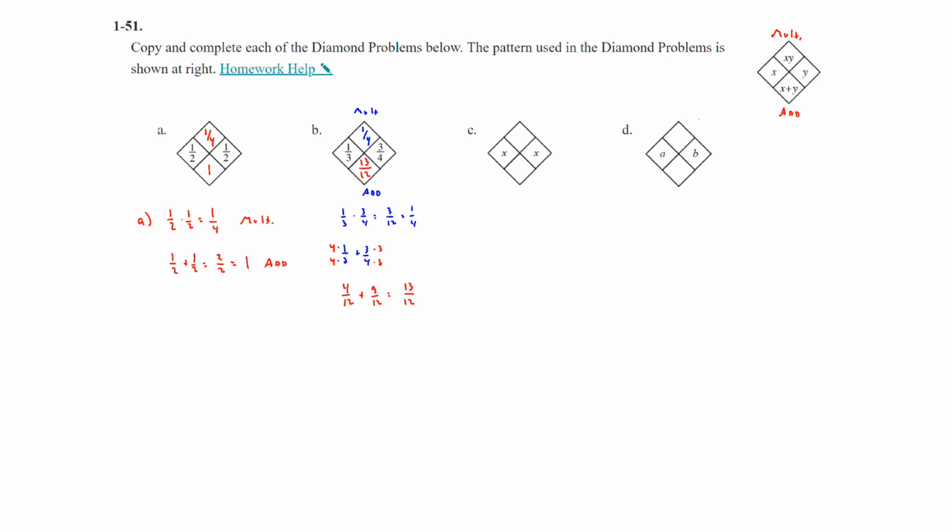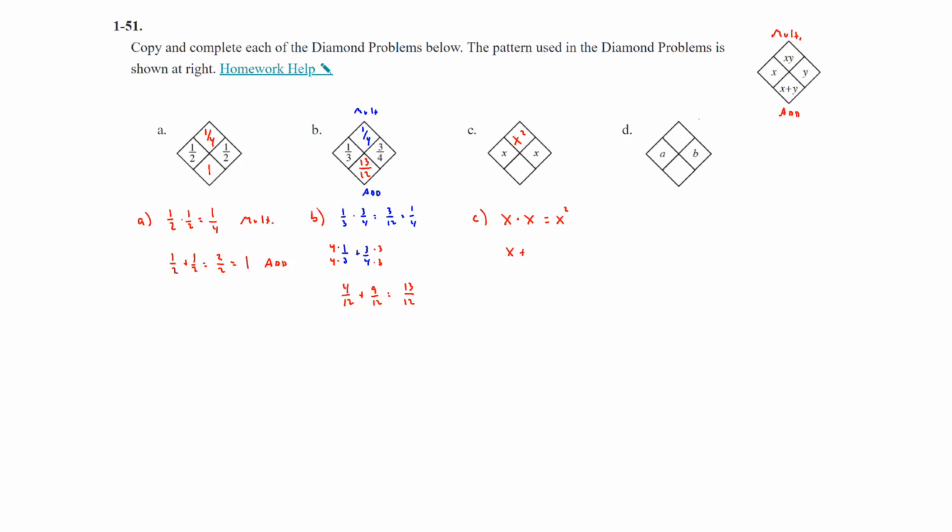All right, now on to C. So now we're given just variables, x and x. Well, what is x times x? Now you could write that as your answer, but there is a way to simplify that. Since I'm multiplying a number times itself, I can rewrite it as an exponent. So that would be x squared.